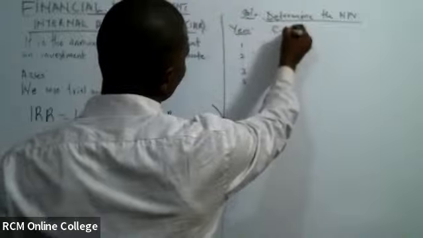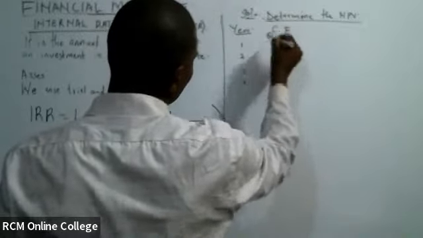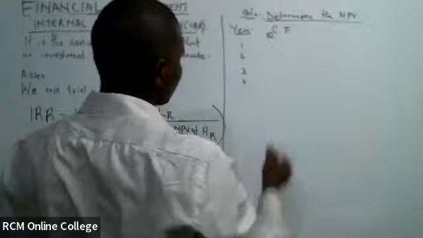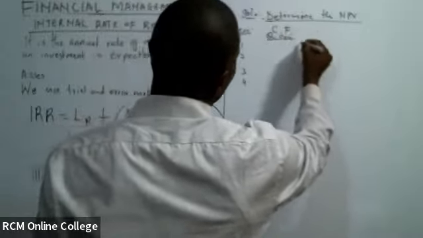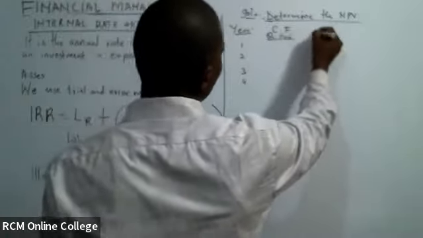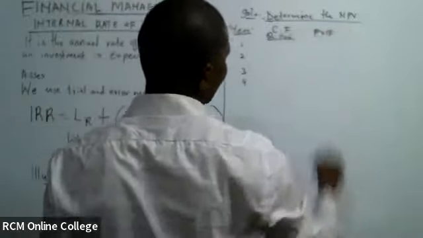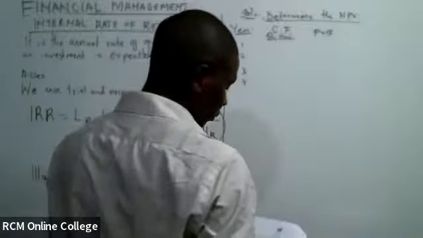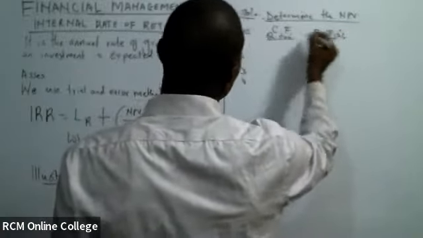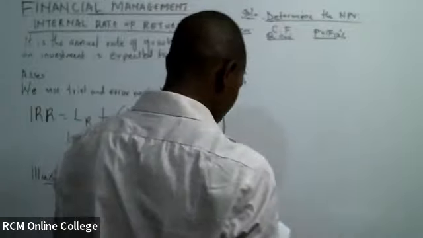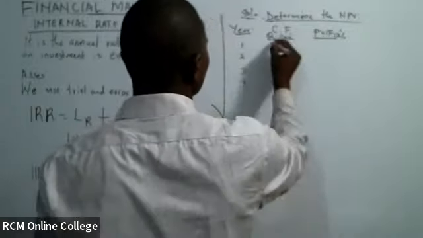And we have the cash flow here, in shillings in 1,000. Then what is our cost of capital? 12%, right? So I can have 12, 15, 9, 6.